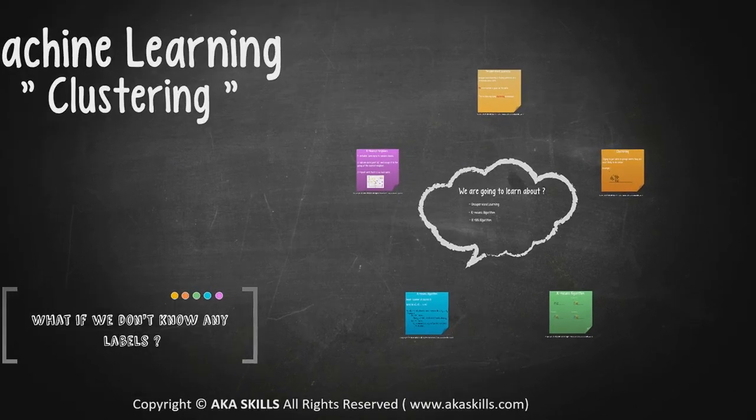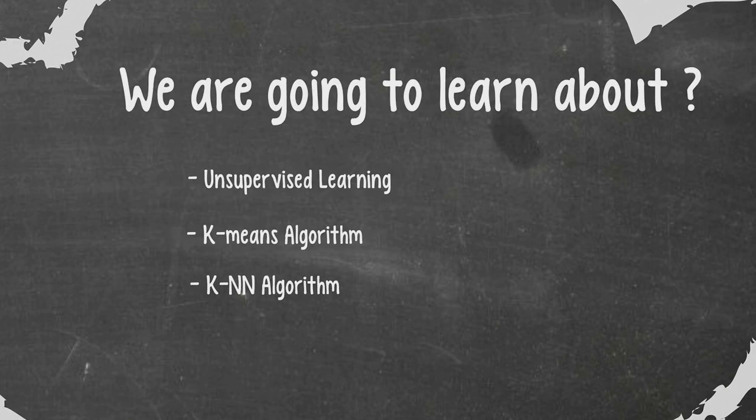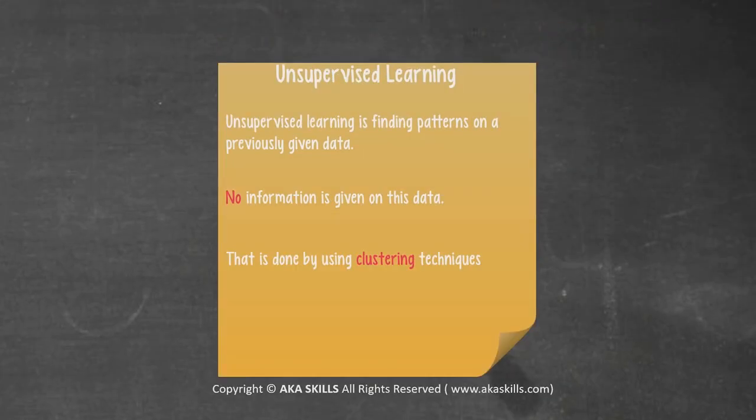So let's get started. In this video, we're gonna learn about some notations on unsupervised learning. Then we're gonna see some algorithms, specifically k-means algorithm and the KNN algorithm, or the k nearest neighbors algorithm. So unsupervised learning is finding patterns on previously given data. So the idea is we are given some x's, some input data x, but we are not given the y, the labels.